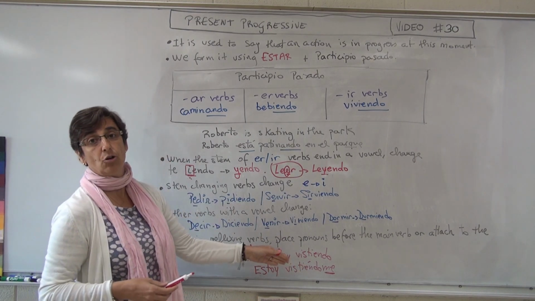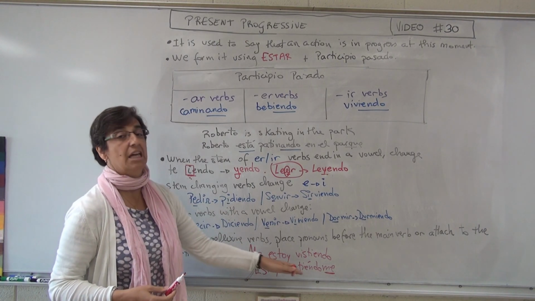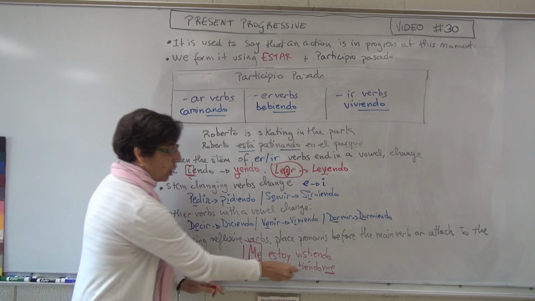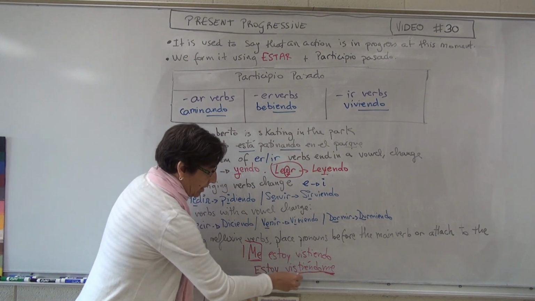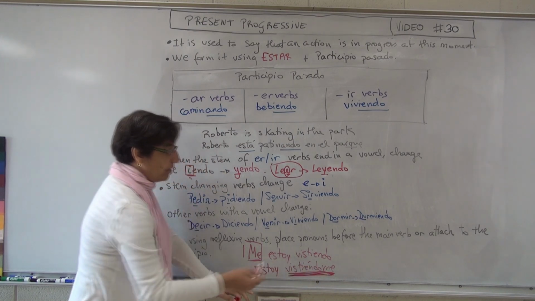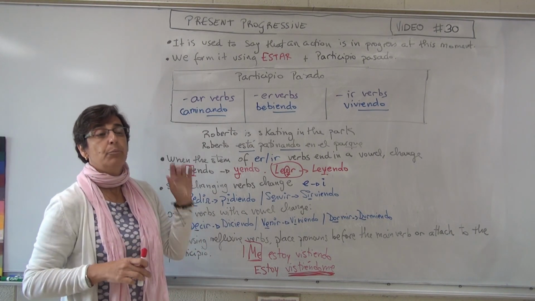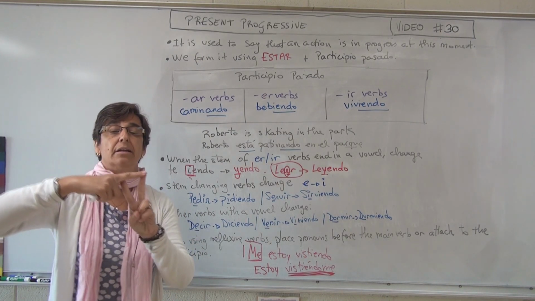Me estoy vistiendo, I am getting dressed, o estoy vistiéndome. So me can be at the beginning of the sentence or at the end. If it goes at the end, next to the verb, we have to attach it to the verb and it becomes one word.